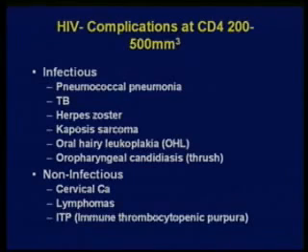Tuberculosis, as I pointed out, herpes zoster, okay? If you develop Kaposi sarcoma, oral hairy leukoplakia, which I'm going to talk about in a second, oropharyngeal candidiasis, thrush, some non-infectious things, cervical cancer, some lymphomas, and ITP, immune thrombocytopenic purpura, where the person presents with a very low platelet count, prolonged bleeding, easy bruising, right?